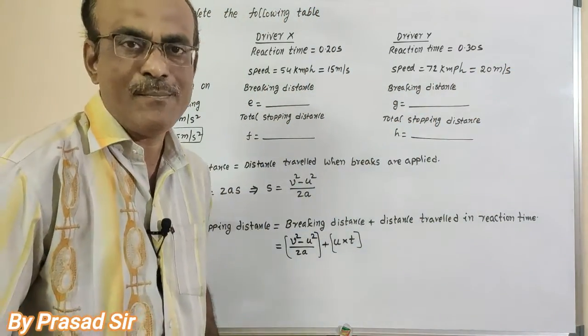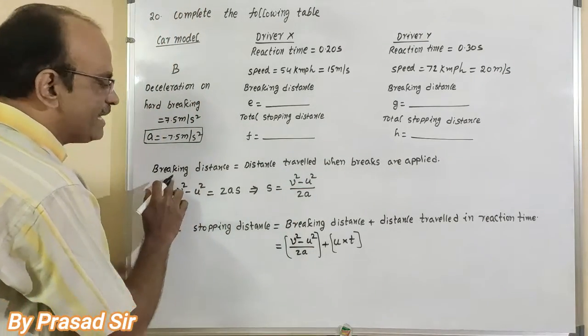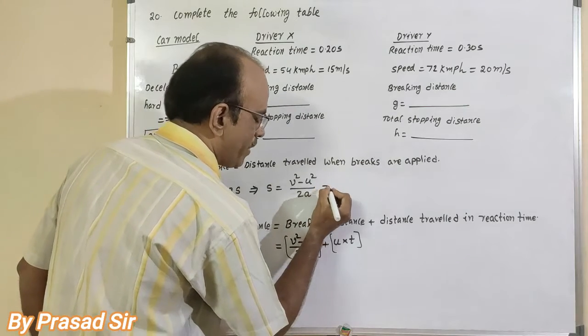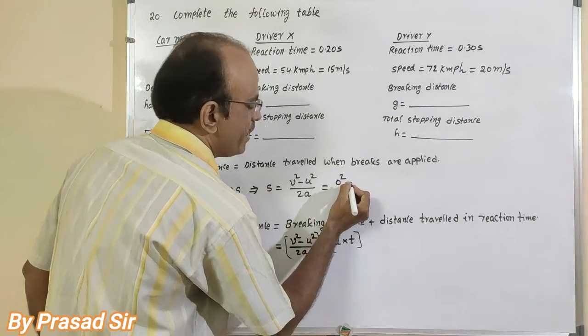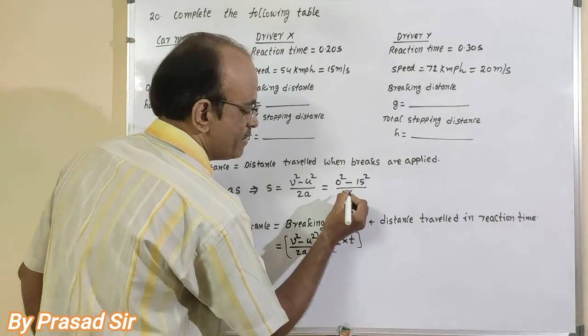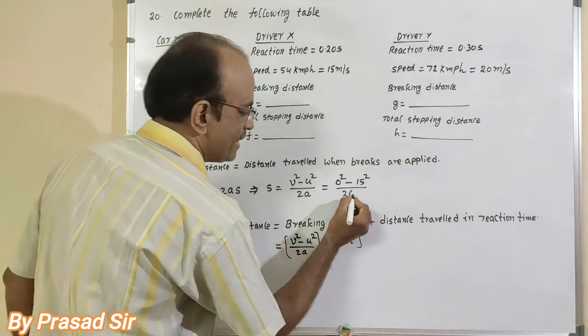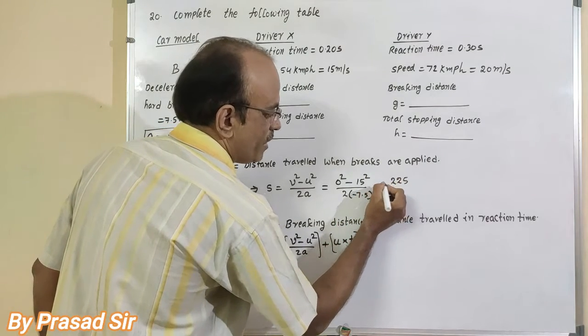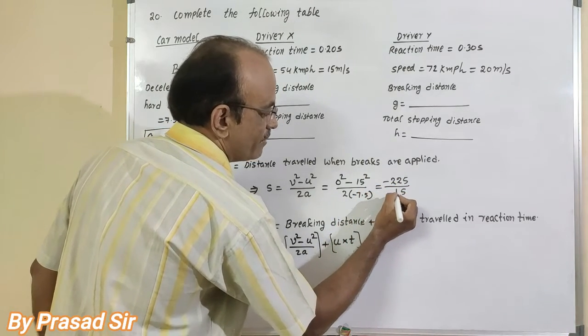Already it is completed. Now I want to calculate braking distance for driver X. So it is equal to 0 square minus 15 square divided by 2 into minus 7.5, is equal to minus 225 divided by minus 15.